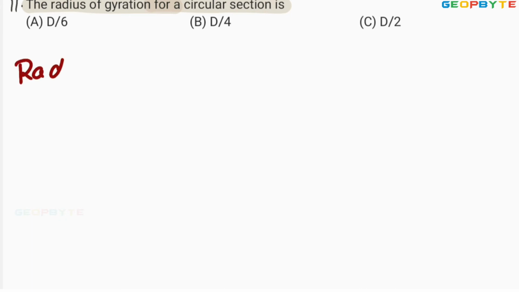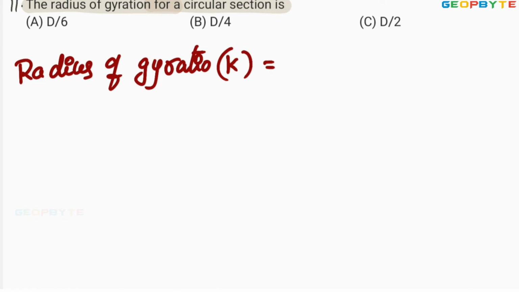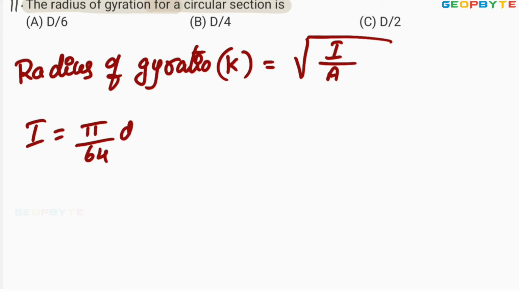As we know, radius of gyration, generally denoted by K, equal to root over I by A. Here I equal to moment of inertia, which equals pi by 64 into d power 4. A equal to area of cross section equal to pi by 4 into d square.